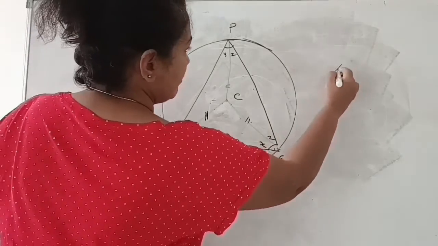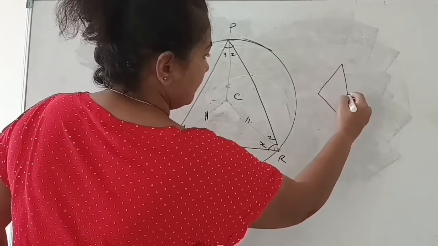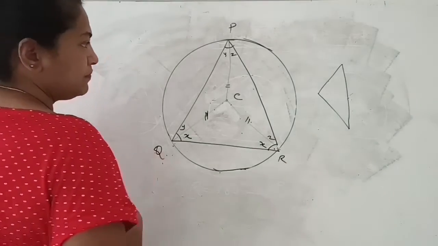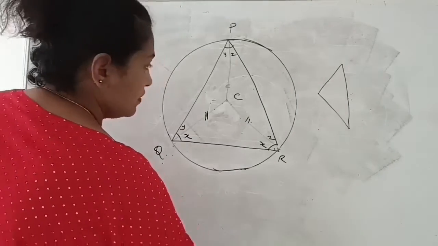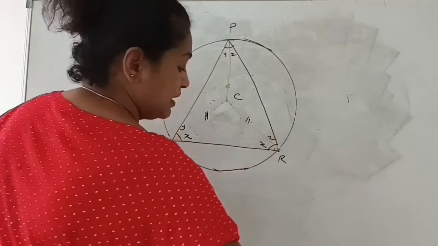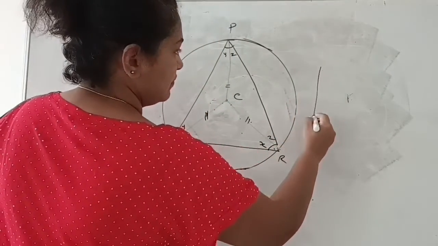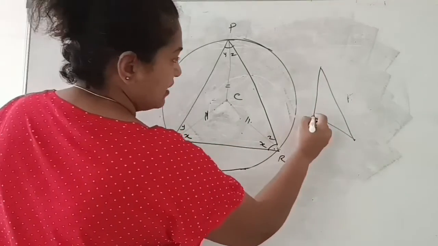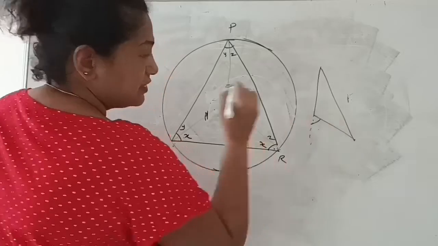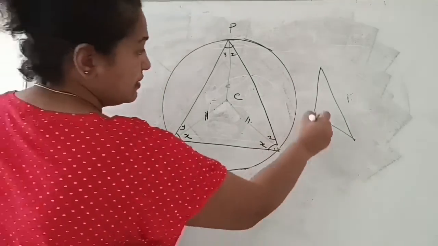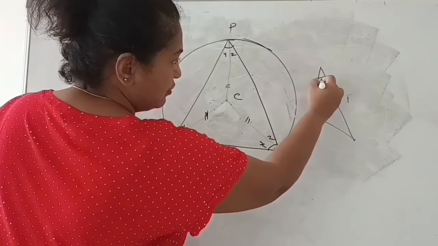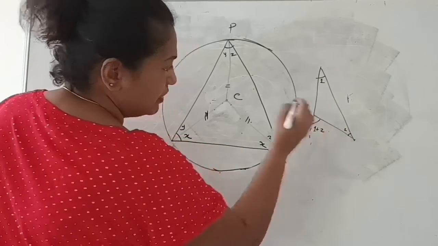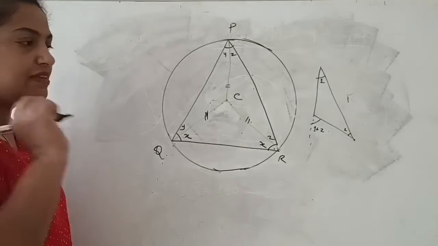So now if I have a triangle which is marked in this way, let me try to replicate the diagram. If this is my triangle, I can say that this is my exterior angle. This particular angle will be equal to the sum of the opposite interior angles. So this particular angle will be equal to angle 1 plus angle 2.